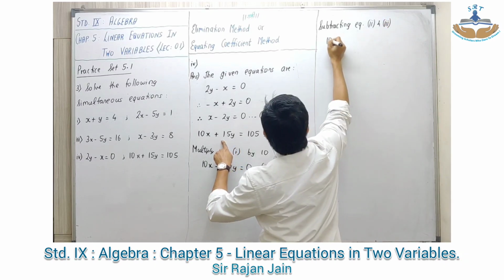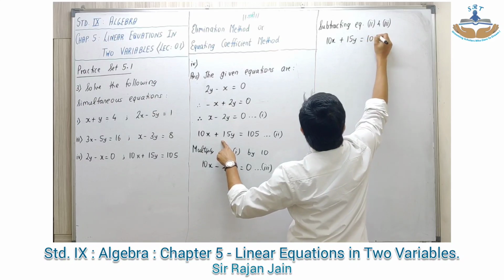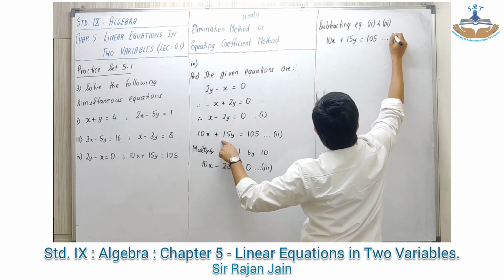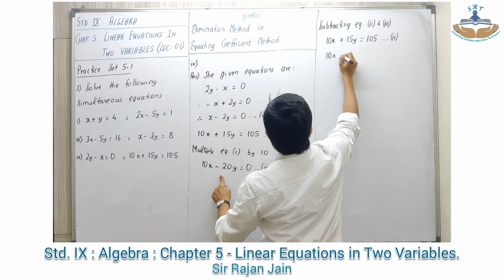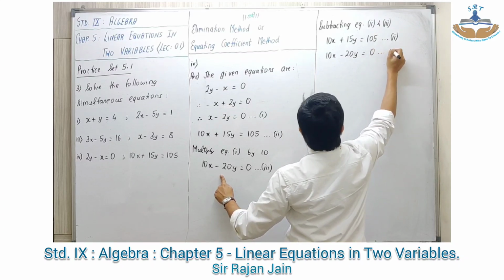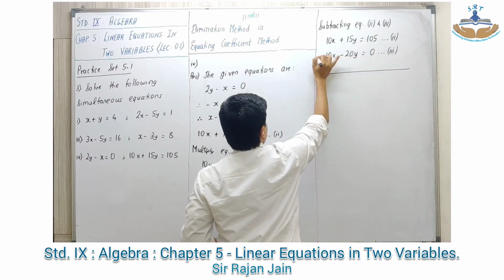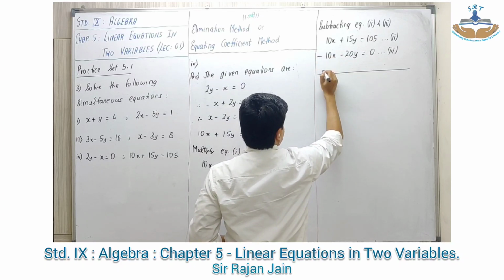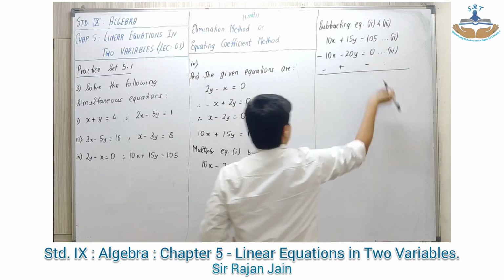Second equation, 10x plus 15y is equal to 105. This is equation number 2, and this one is 10x minus 20y is equal to 0. This is your equation number 3. Leave a line and now change the sign. इसका sign positive था, make it negative, negative make it positive. इसका there is positive, make it negative.